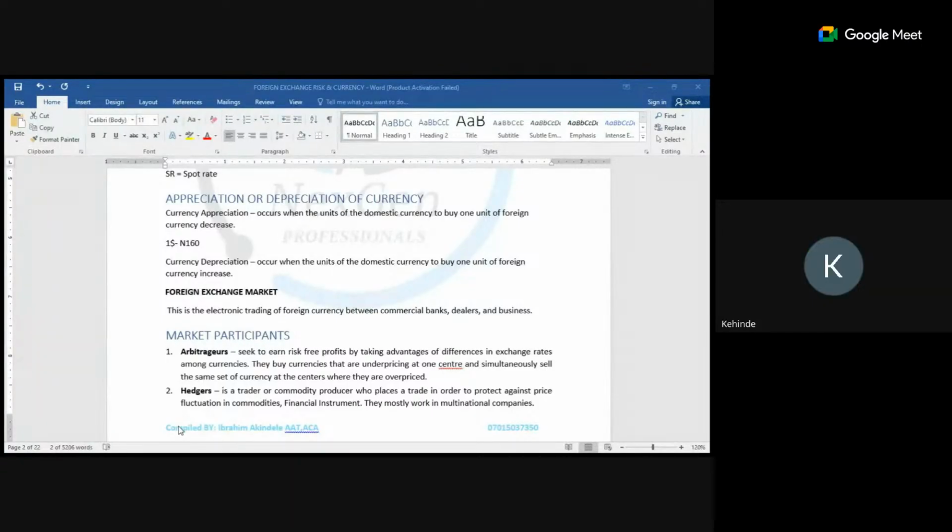It's naira now. It used to be above 1,500 before. In as much as the naira is higher than the dollar, naira is depreciating.